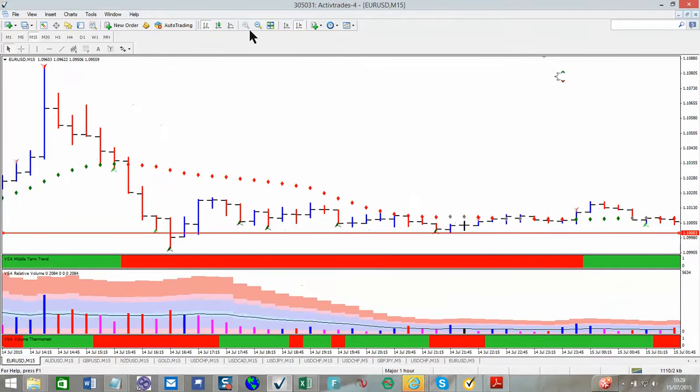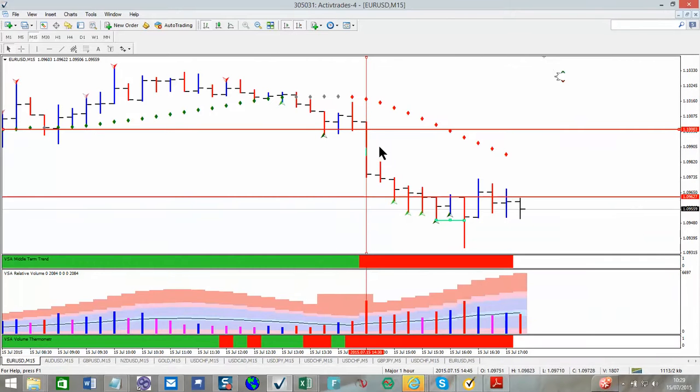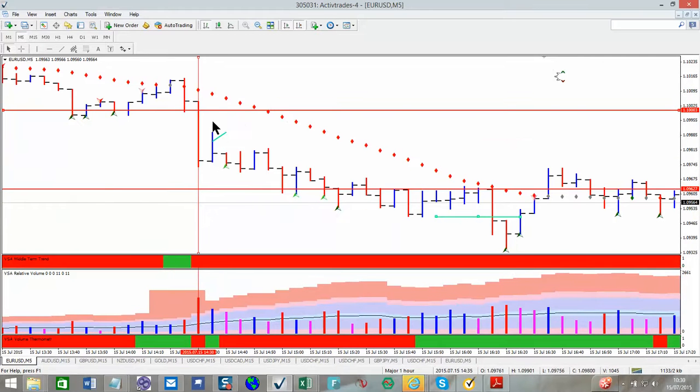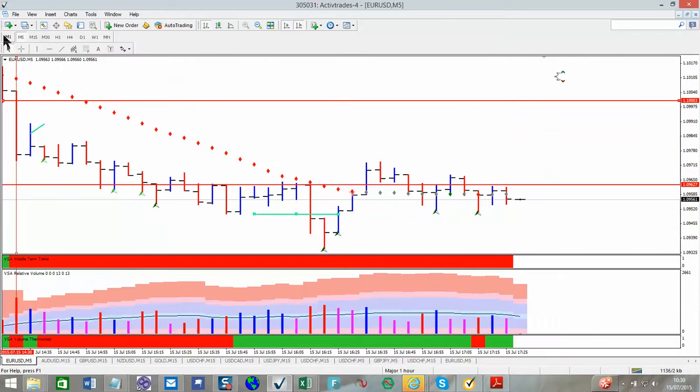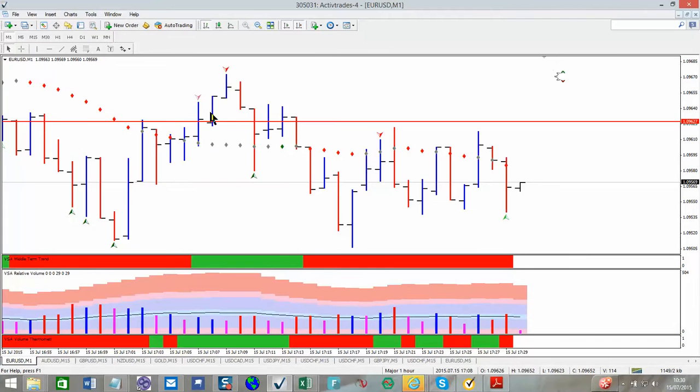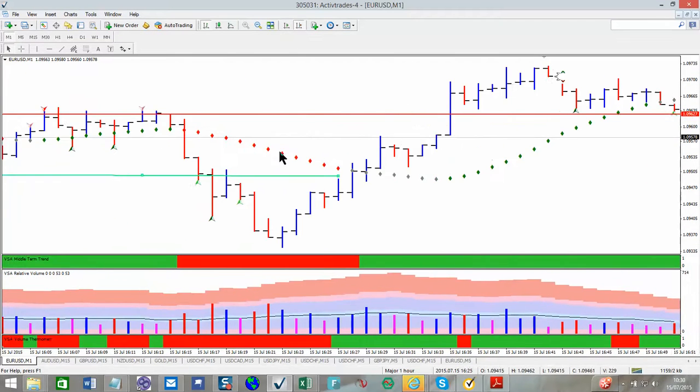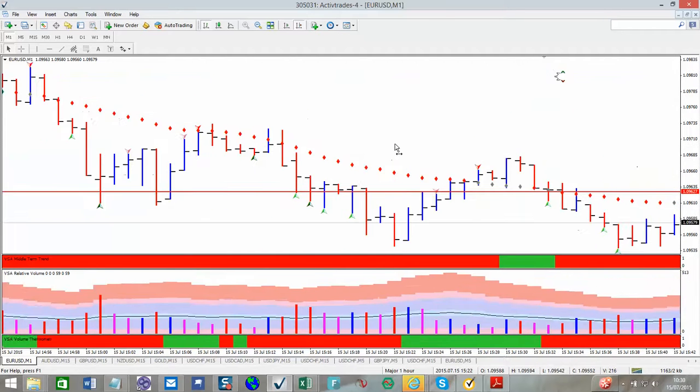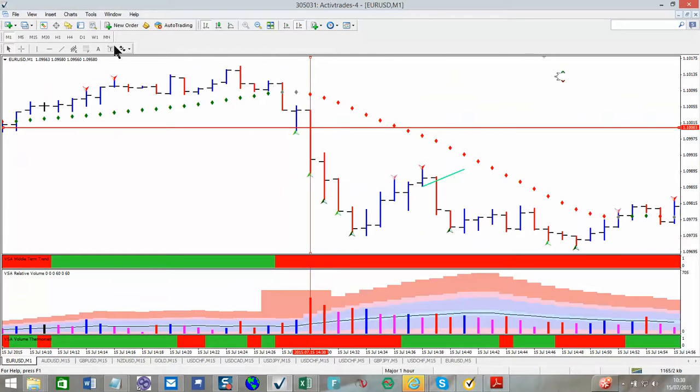I couldn't, like we saw earlier, I couldn't see it on the 15. I didn't have a VSA principle to get in on the 15. It didn't come on the 5, so I was just working my way through the time frames until the VSA principle for me comes up, and it wasn't until the 1 minute chart that I would have actually got my entry at that point, which would have been this bar.